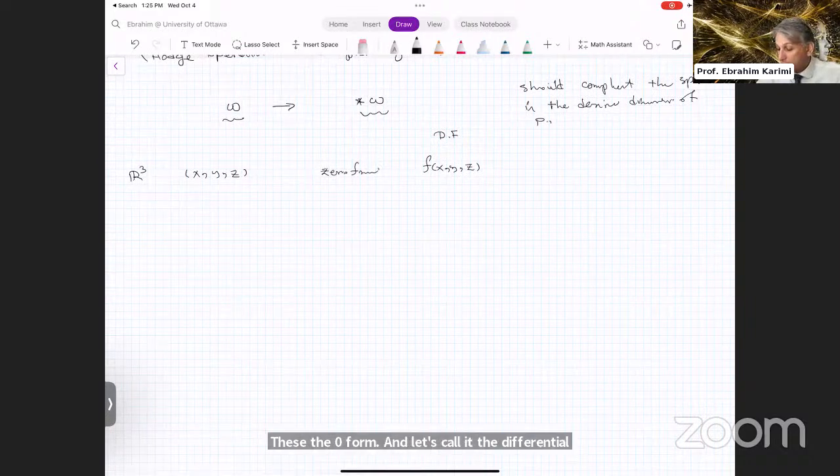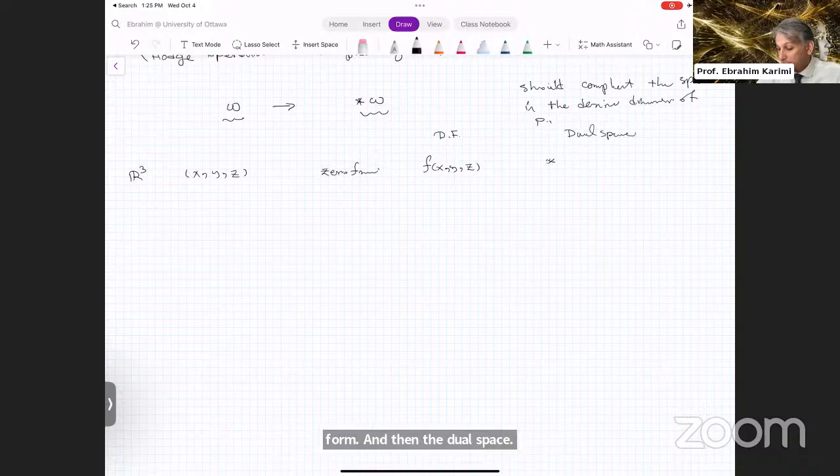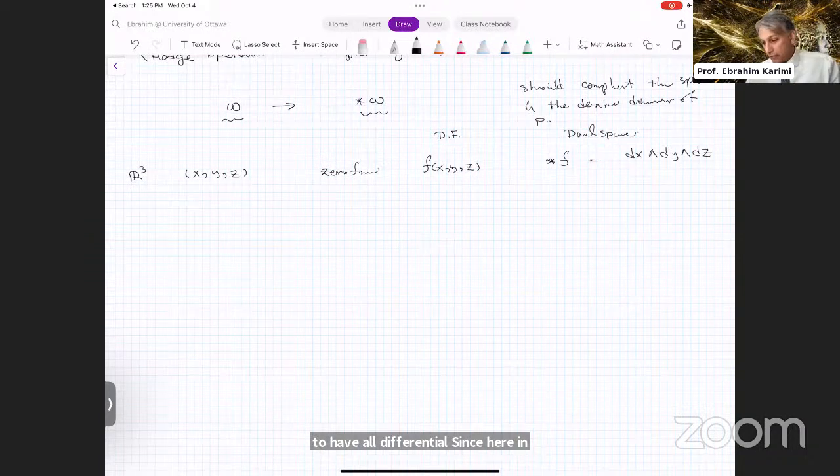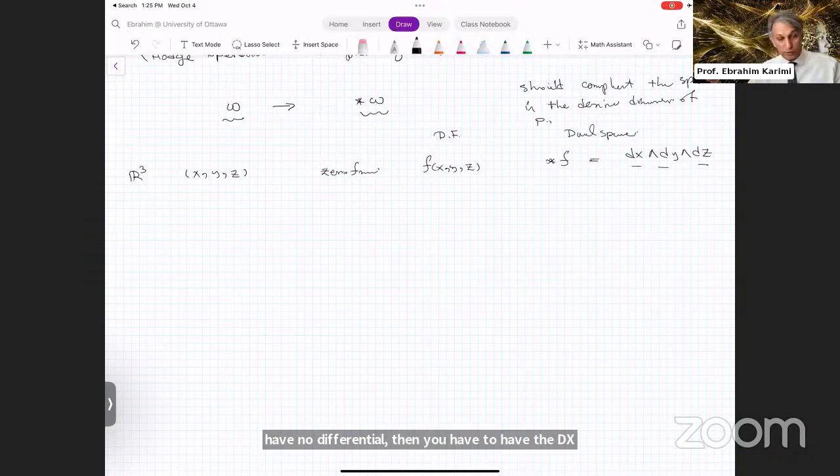Then the dual space of this will be the star of f, which essentially we showed with dx, dy, and dz. If you look at the entire space, it is a three-dimensional space. You will have zero form, one form, two form, and three forms. In order to have all differentials, since in the zero form you have no differential, you have to have dx, dy, dz, all of them together, and the sequence should be in the positive permutation that we had.